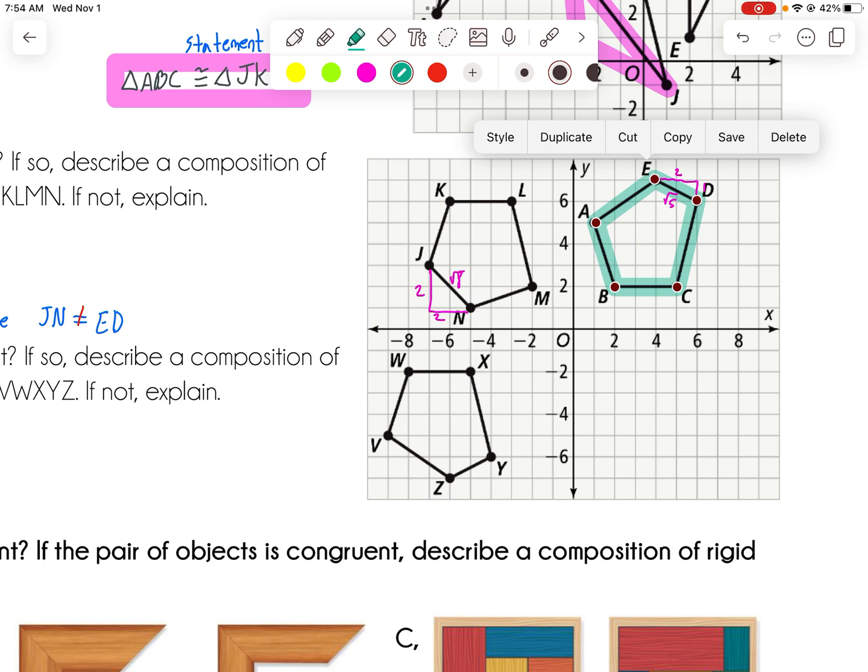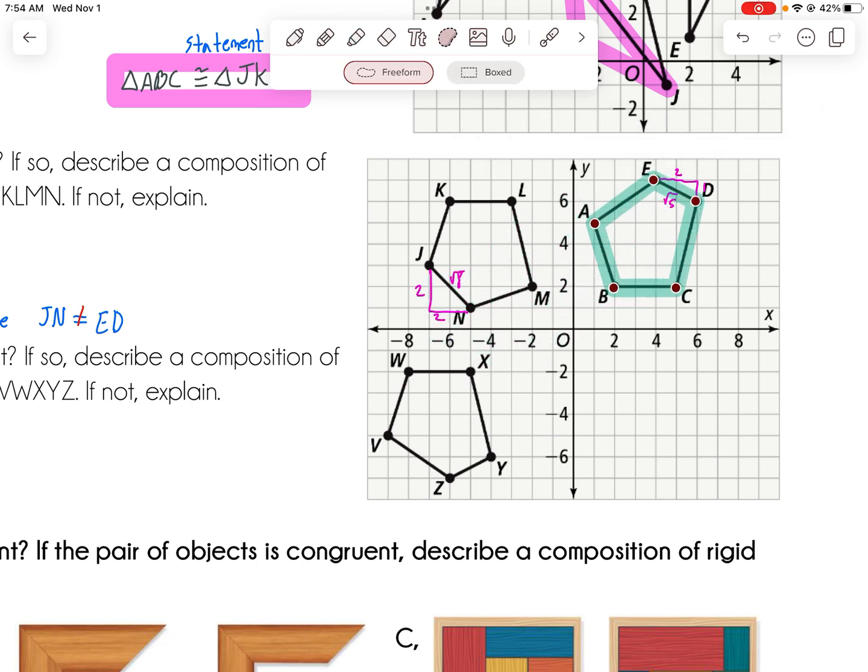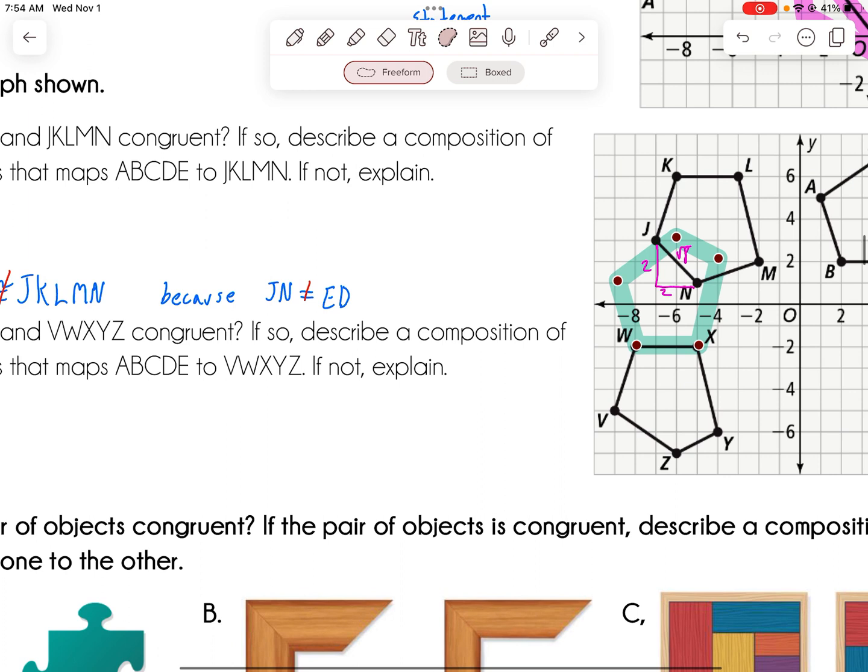Luckily, in this case, I've got 1 point that matches pretty easily. If I look over here and I look at B, I can move it directly to W and they'll match perfectly. So I'm going to first translate so B lands on W.